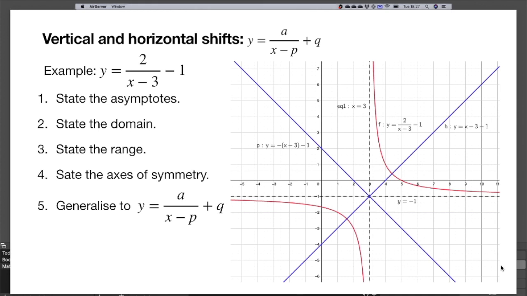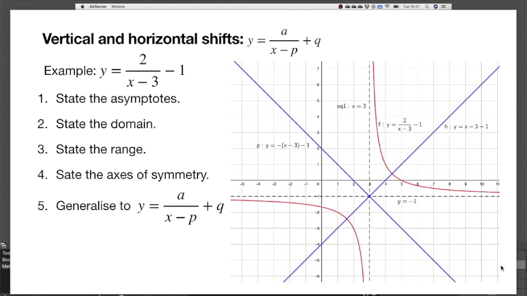Now, what about the domain of this function? Once again, if you look at the graph, this graph exists everywhere except where x is equal to 3 and except where y is equal to -1.